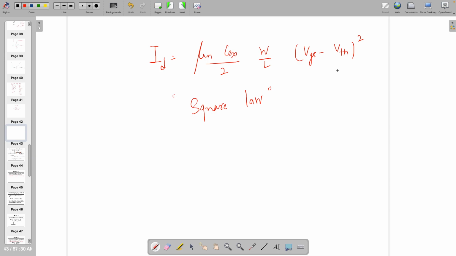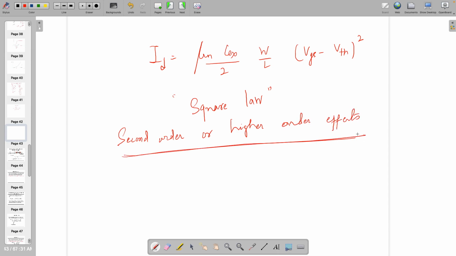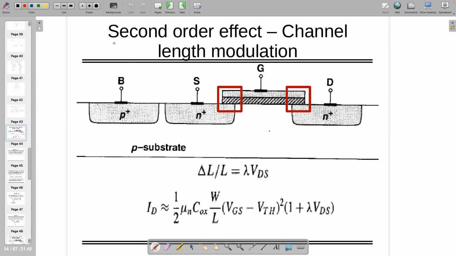If you are including many other second order effects, by the way, why are we calling them second order effects or higher order effects? What is the meaning of that? That is the title of the next slide, second order effect.